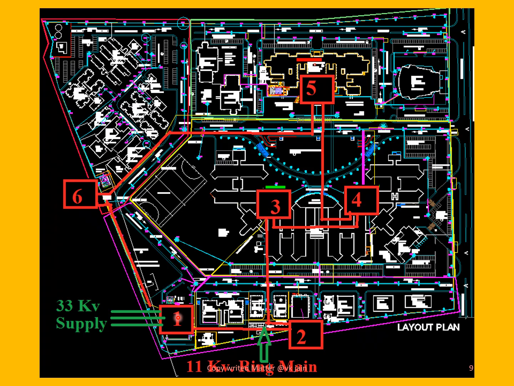Substation 1 is the main receiving station at 33 kV, of which half was in open air and half was inside the substation. That means the 33 kV portion was outside and the remaining was inside at 11 kV, and from 11 kV we went into the utility center. This is the utility center here.